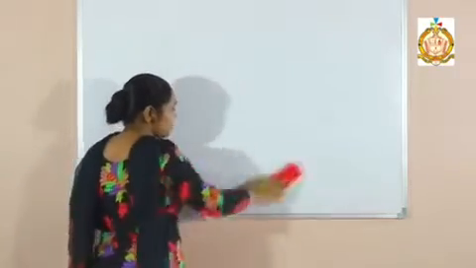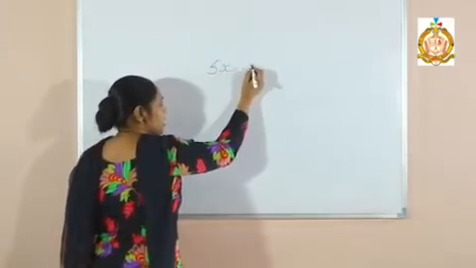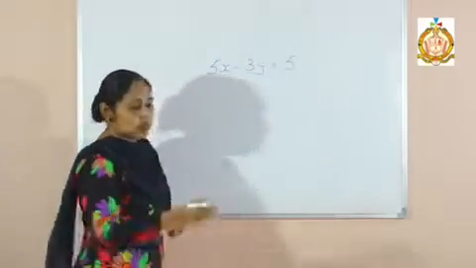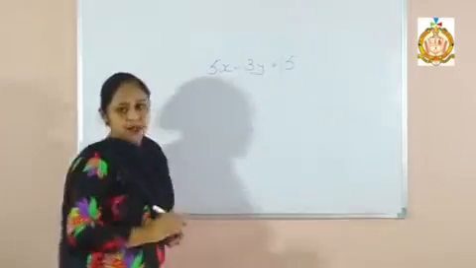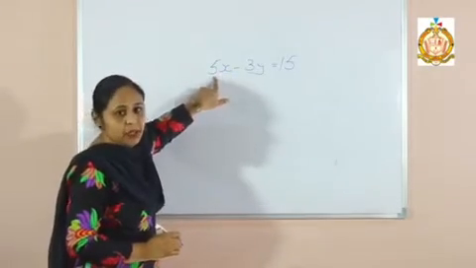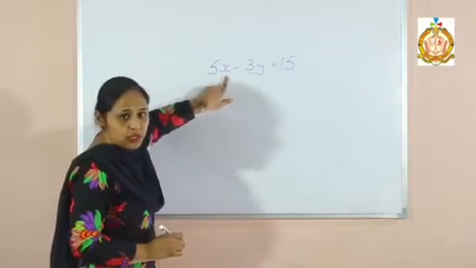Now what is the meaning of coefficients? First I take their 5x, then I take their 3y and equals to, suppose there is 5, or you can take here 15, any statement. Now what is the coefficient? Variable multiplied by any number, that is the coefficient. That means 5 is the coefficient of x.